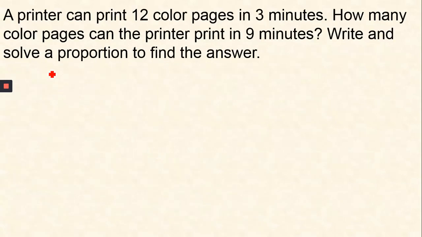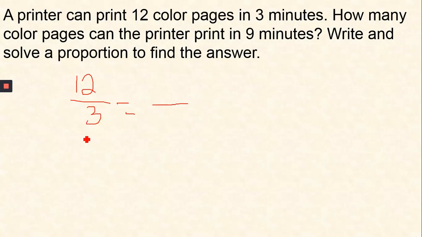The next example we have here: a printer can print 12 color pages in 3 minutes. So 12 pages in 3 minutes. How many color pages can the printer print in 9 minutes? So let us observe the pattern.